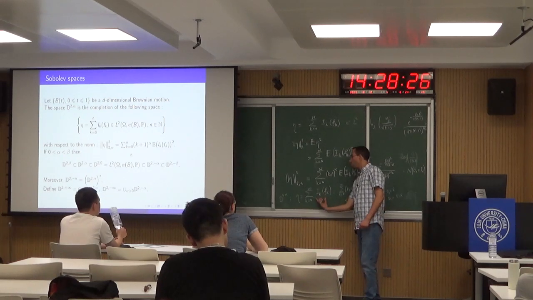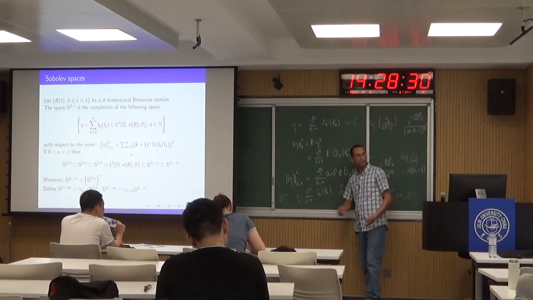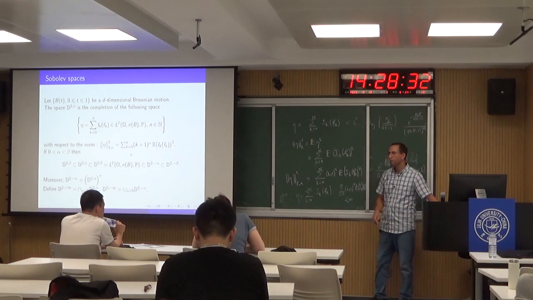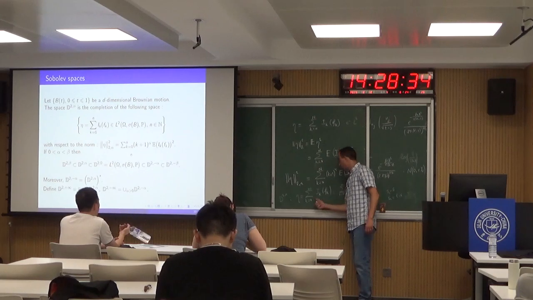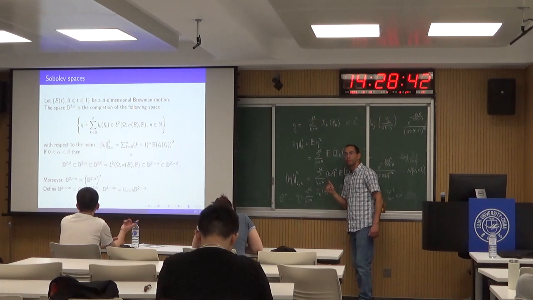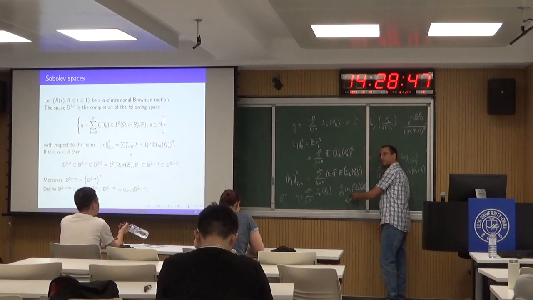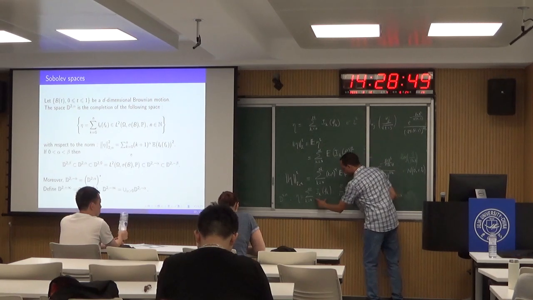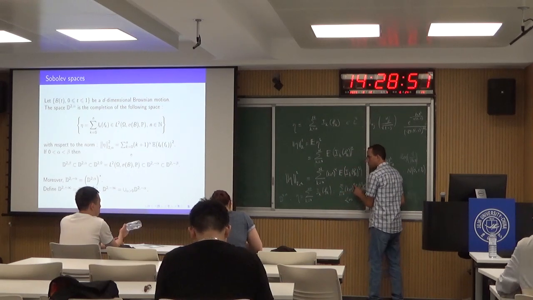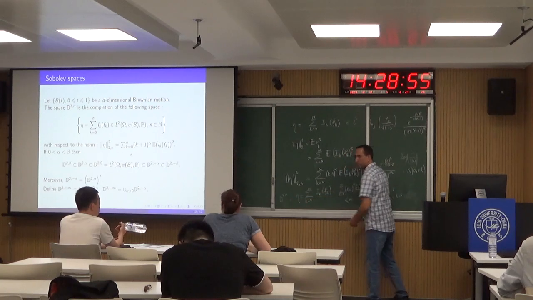So we consider all the formal series. It is like a formal series of multiple integrals. This is not a square integrable random variable, because this series does not converge in L2. It converges with respect to this norm. Of course, if alpha is equal to 0, these are usual random variables.